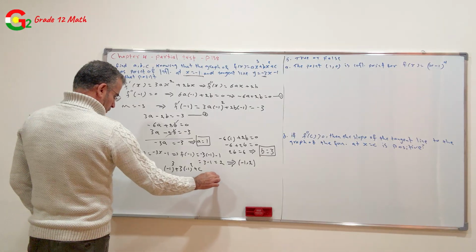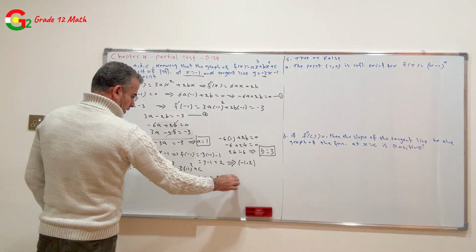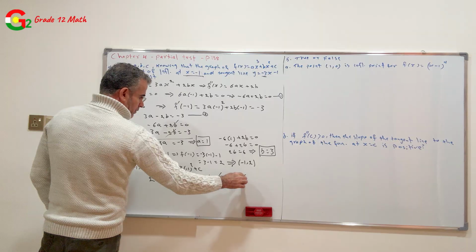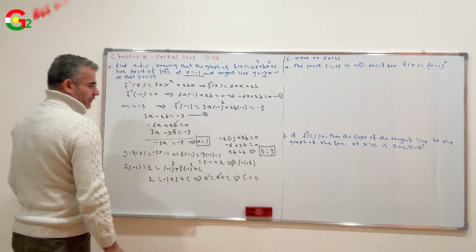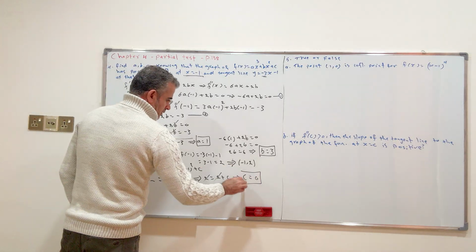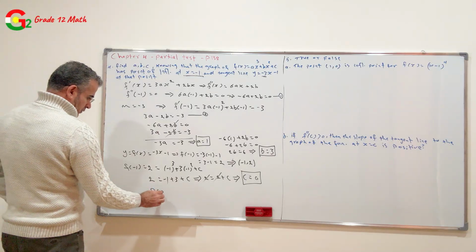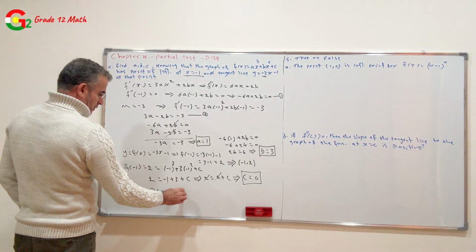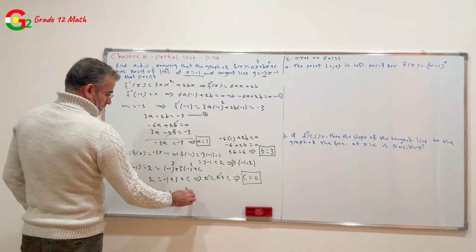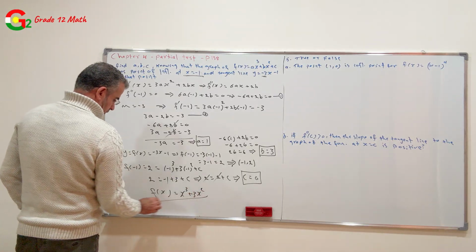Therefore, 2 equals 2 plus c. Therefore, reduce 2 with 2, c is 0. The value of c is 0 and the function will be x power 3 plus 3x power 2.